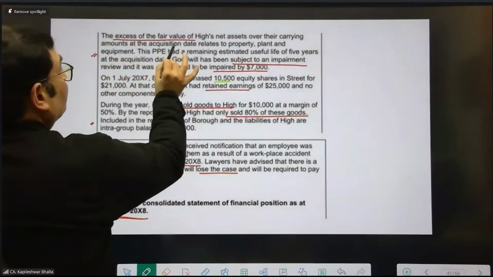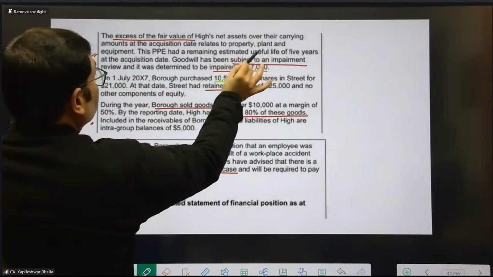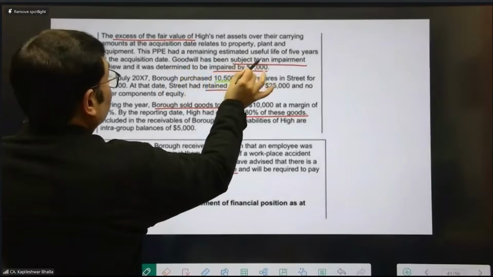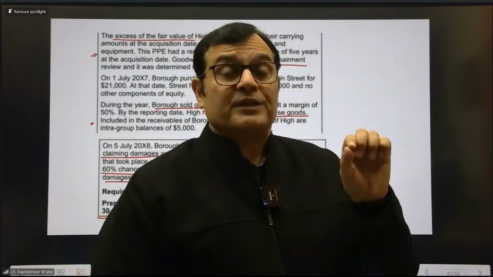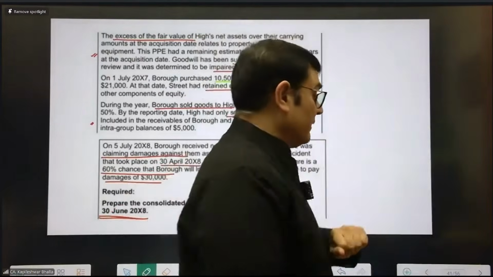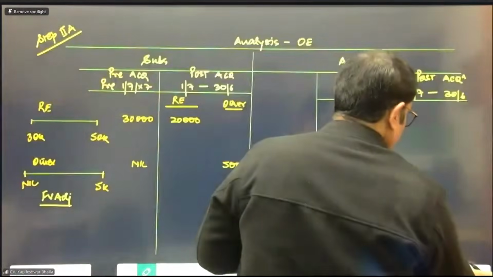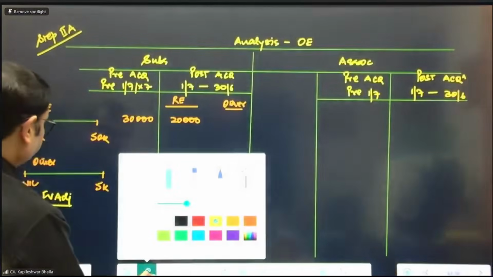The excess of the fair value, that is 15,000, which we calculated, relates to PPE, and this has got a remaining life of 5 years on the date of acquisition. So we know the fair value increase, 15, and then over 5 years we spread the depreciation. So let's go back to the analysis on the fair value adjustments.